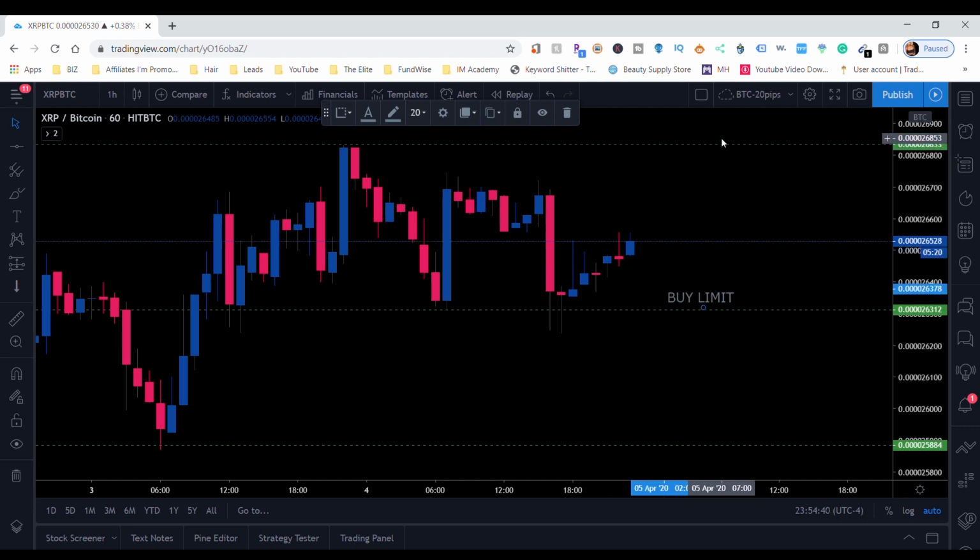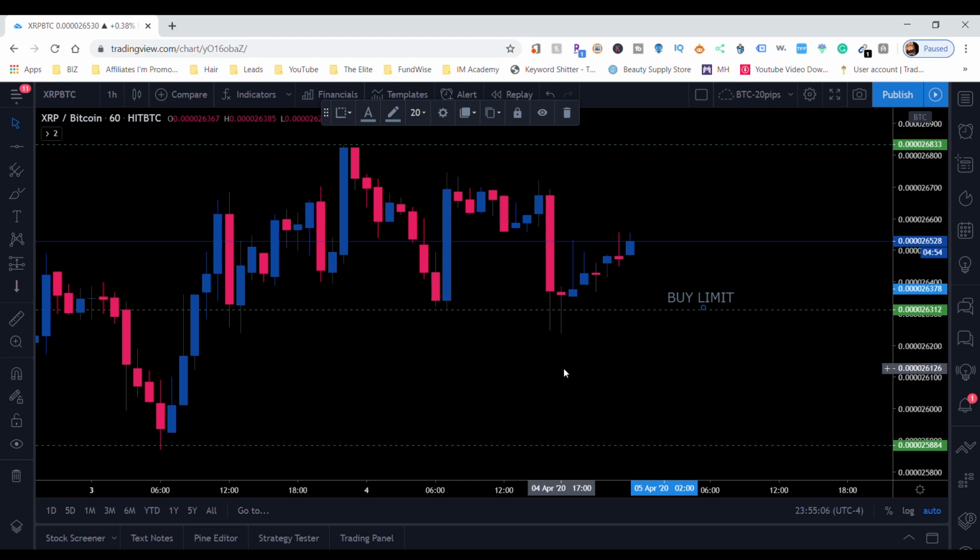If you wanted to put in a buy limit, price would have to come down to this green line and then go back up. It has to hit your line in order for your order to get triggered on a pending order. And just know, based on your spread, there's a possibility that it will not pick up your order.